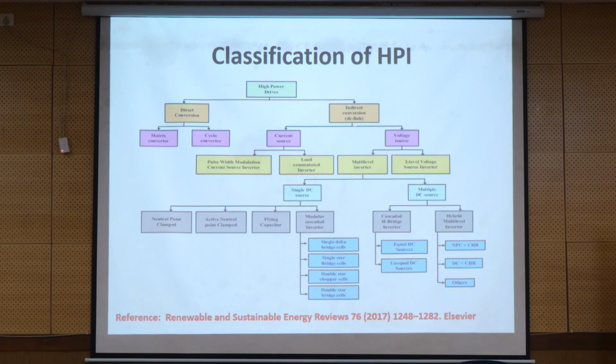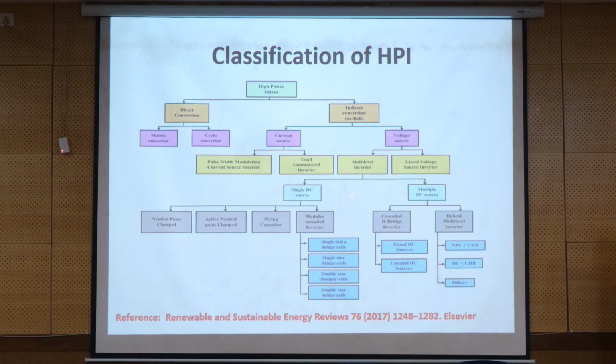Then it can again be classified into two types. What we are discussing is about the voltage source inverter modules, not the current source inverter module, pulse width modulation current source inverter, or load commutated inverter, which we are not touching.